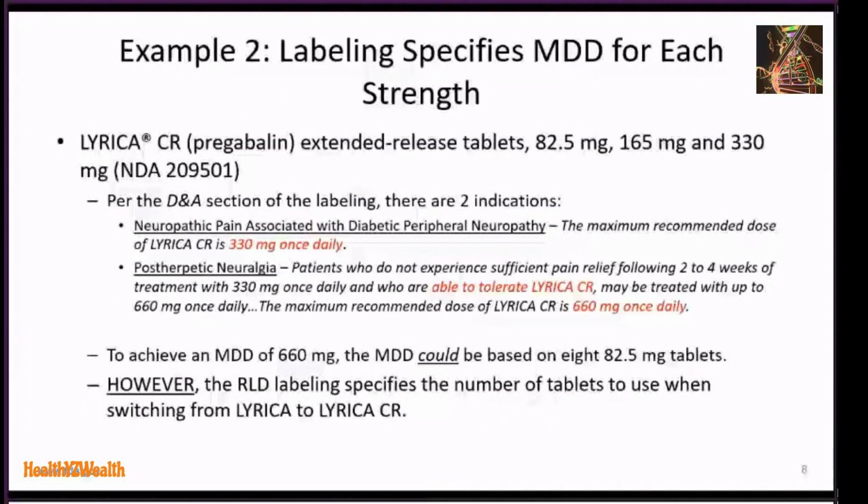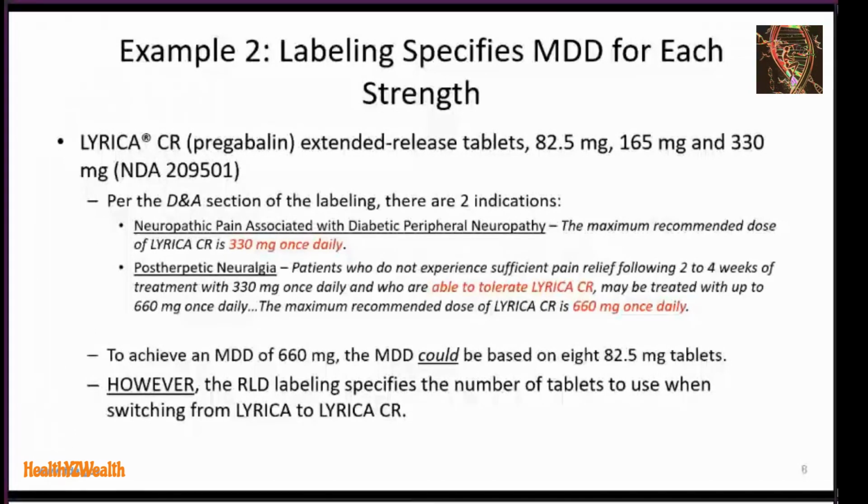Our next example is one in which the reference drug labeling specifies the maximum daily dose for each strength. Lyrica CR extended release tablets are available in 82.5 milligram, 165 milligram, and 330 milligram strengths. There are 2 indications: neuropathic pain associated with diabetic peripheral neuropathy, in which the maximum daily dose is 330 milligrams once daily.